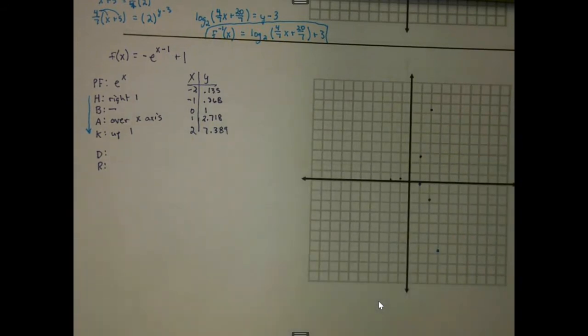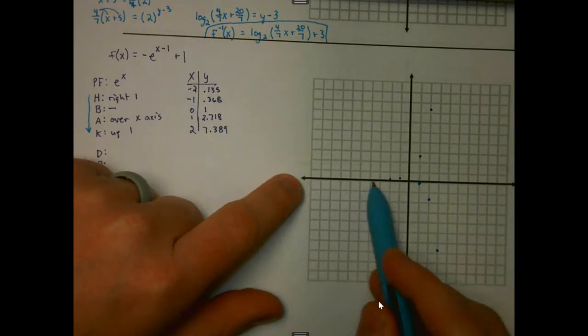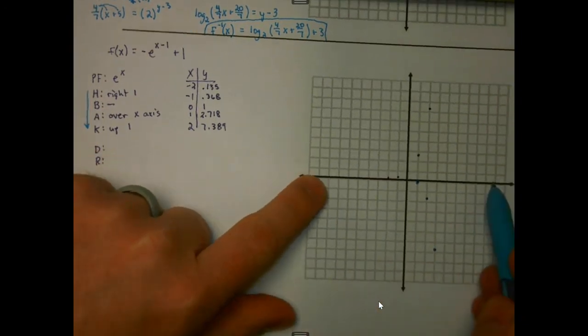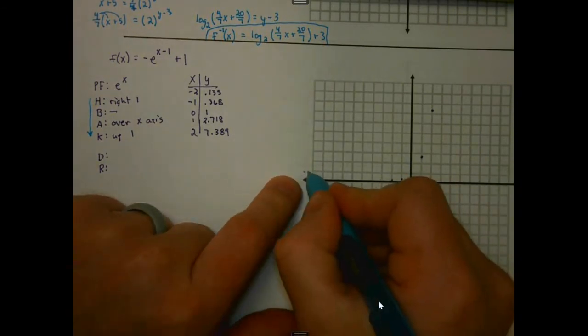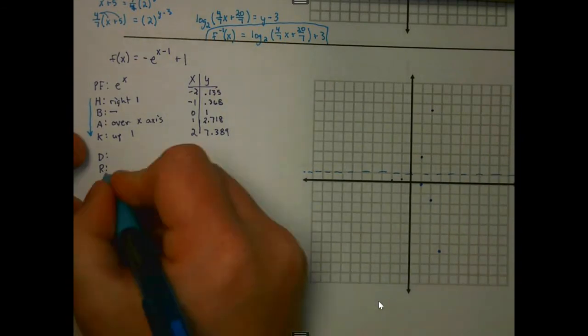Okay, don't forget we've got to do the asymptote as well, so now's a good spot to do that. Here's our asymptote, this x-axis. We're going to move it right 1. You don't see that. We're going to flip it over the x-axis, but you can't really do that because it is the x-axis. And then you're going to go up 1. So you have this asymptote right here at y equals 1.